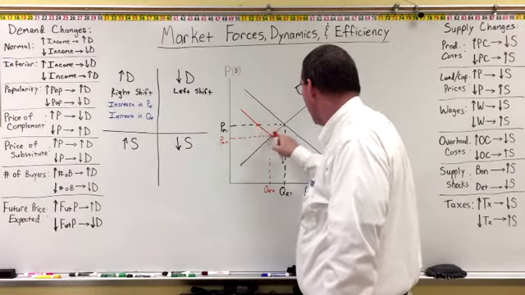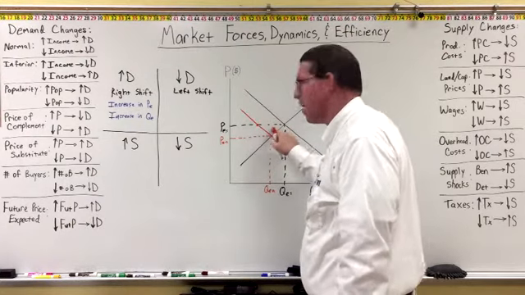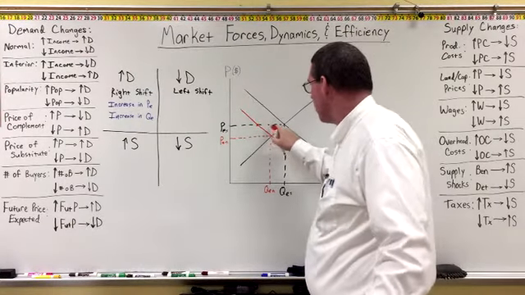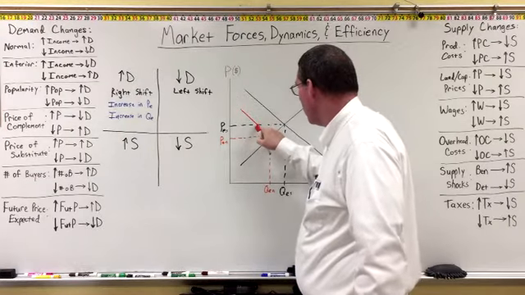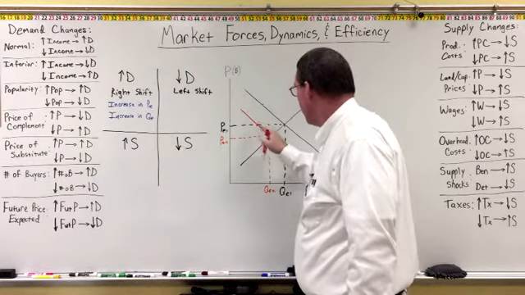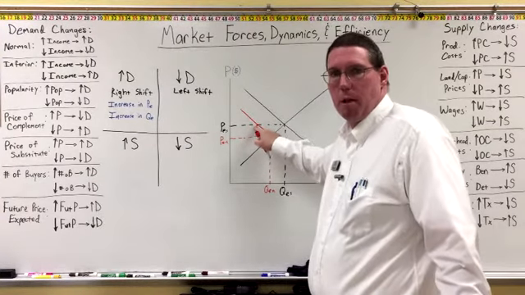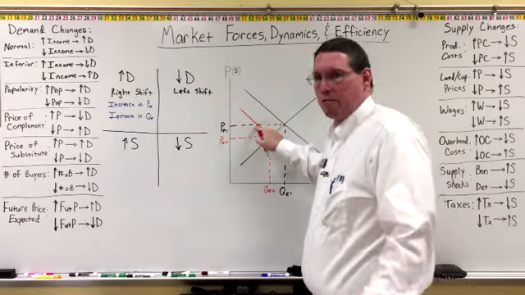And now look at this triangle here. This is a triangle above the new equilibrium price, so that is a surplus. And because they're now in a surplus, because quantity demanded is smaller than quantity supplied, the demanders are going to say, look, if you want us to buy more of this stuff that you keep making that we don't want, then you're going to have to lower the price.